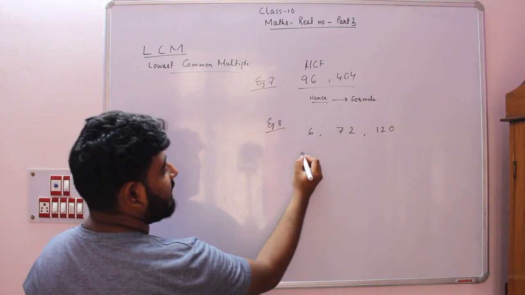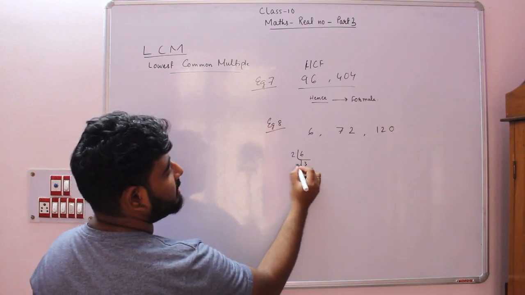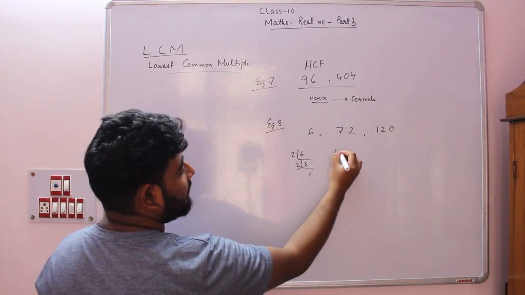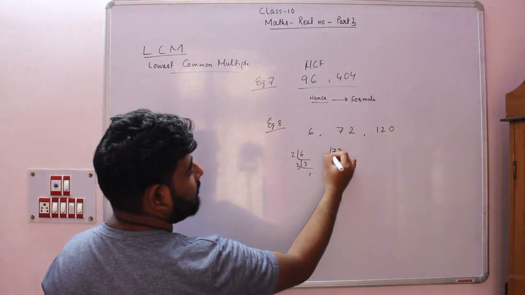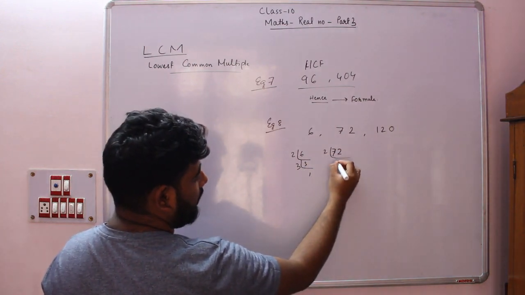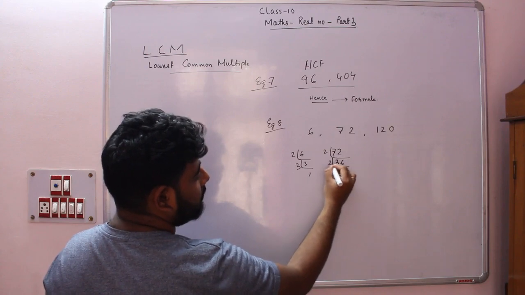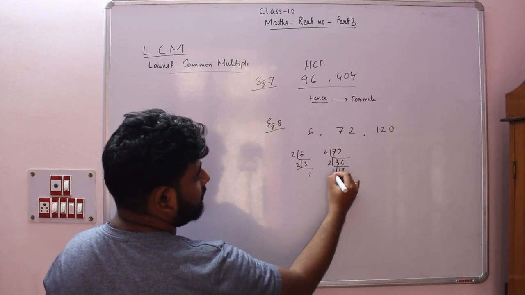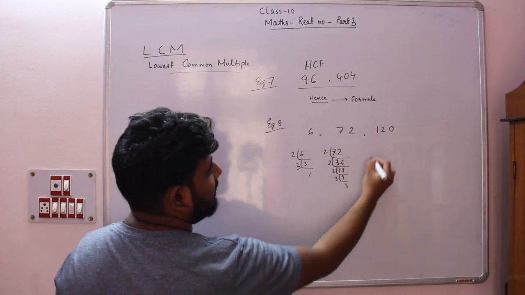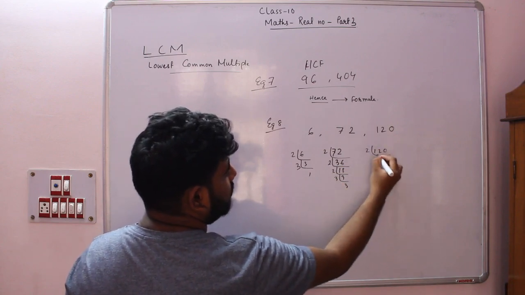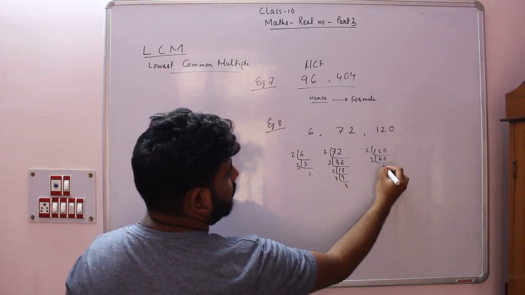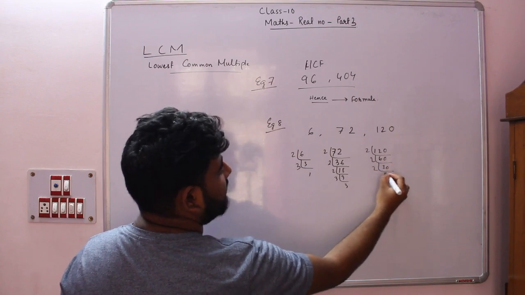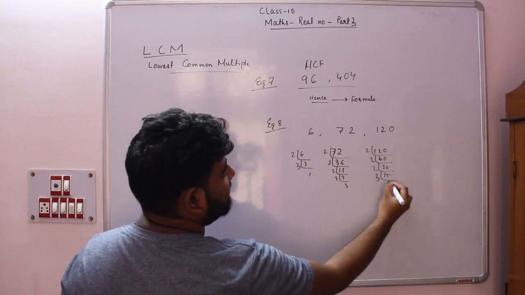You have to go on dividing. 6 is 2 times 3. 72 divided by 2 is 36, 2 18s are 36, 2 9s are 18, 3 3s are 9. And 120: 2 60s are 120, 2 30s are 60, 2 15s are 30, and 3 5s are 15.